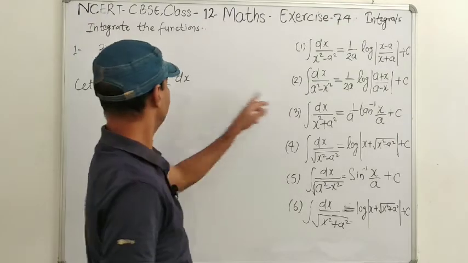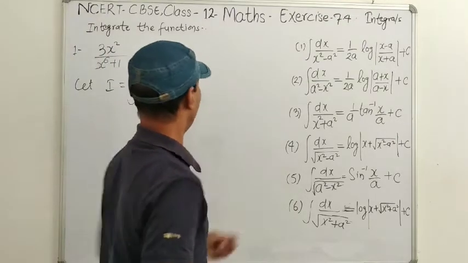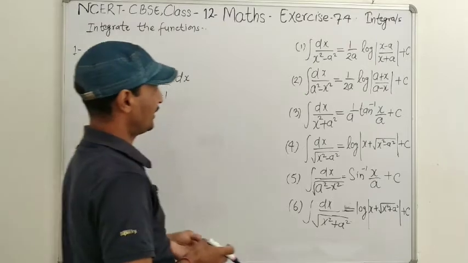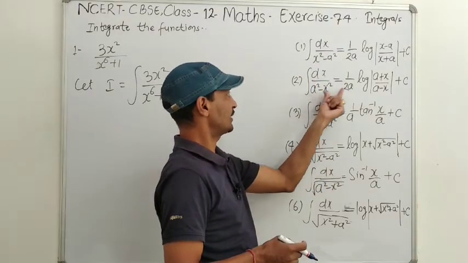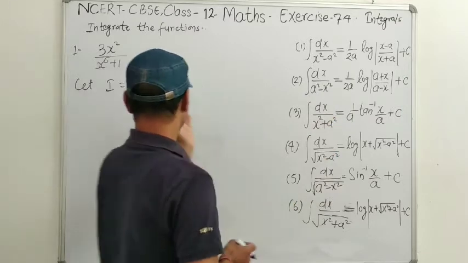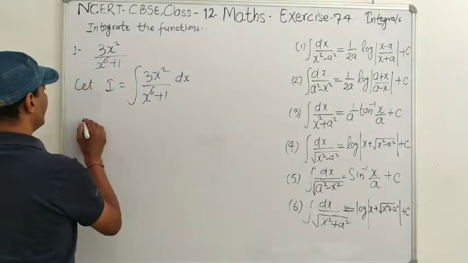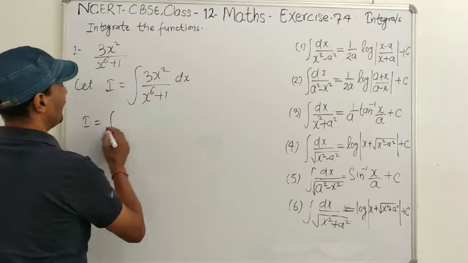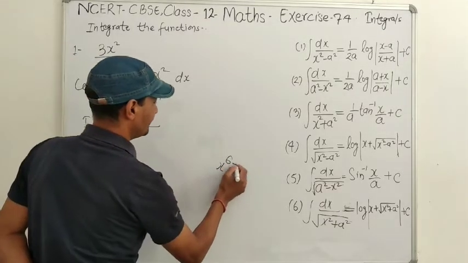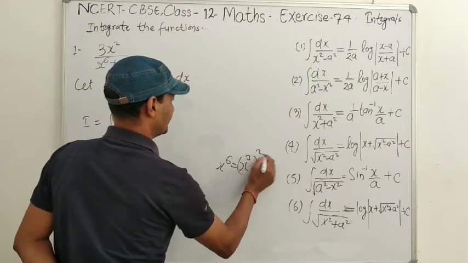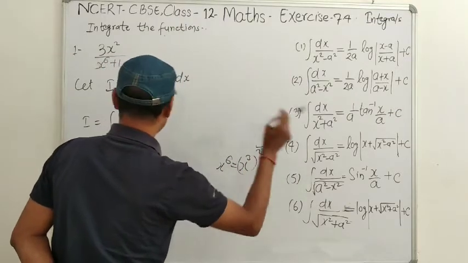Now here we have to look at these formulas. Always try to get in the form of square, x square minus a square or x square plus a square. So we should try to convert here. We can write like this, x to the power 6 is written as x cube square, because we need this square.